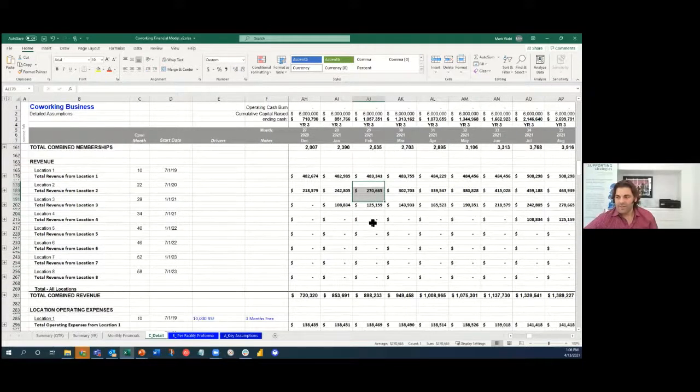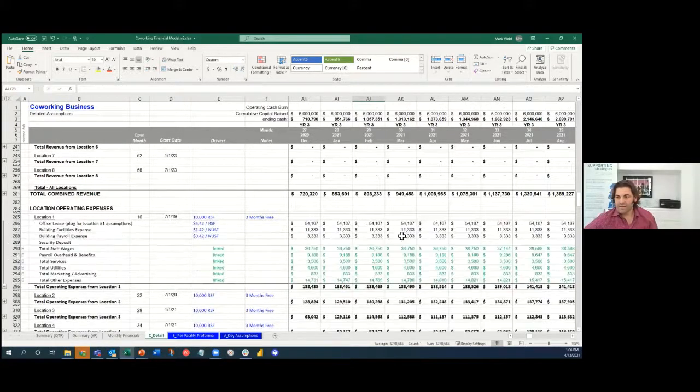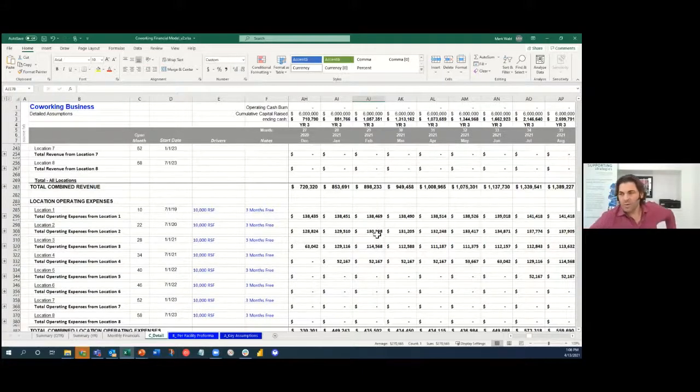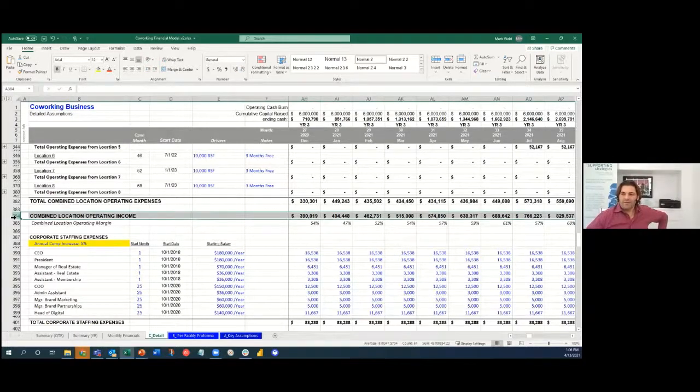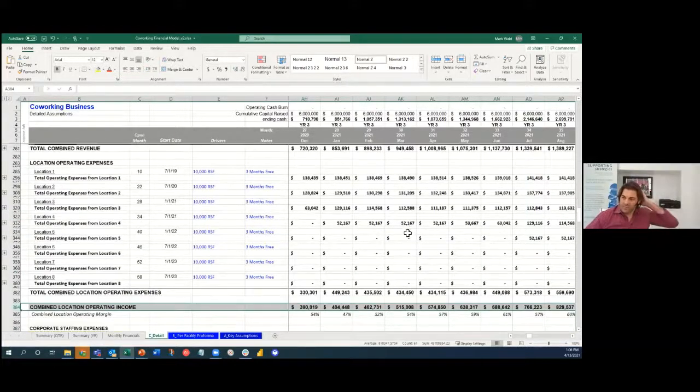Here's the operating expenses that those locations are going to incur. And again, there's more detail under here for each of these individual locations. And we can kind of start totaling all this stuff up and say, here's the total amount of income that this business can generate if it has all of those locations operating in synchrony with each other.